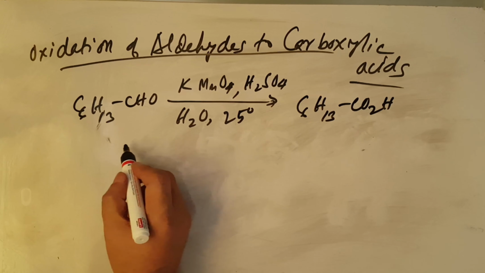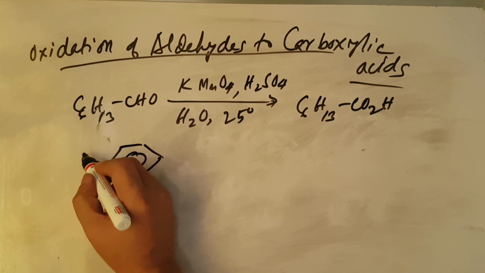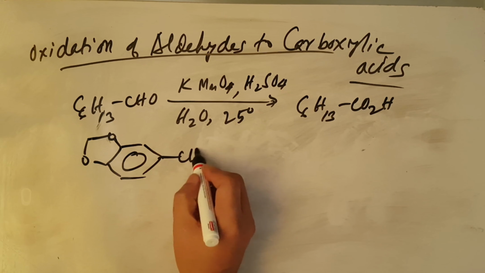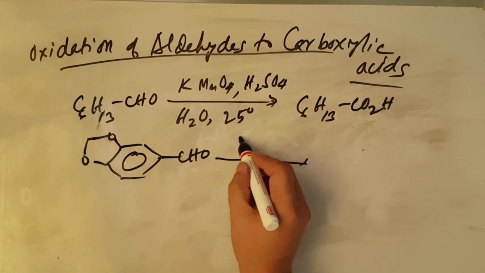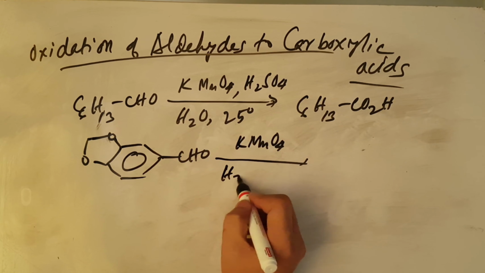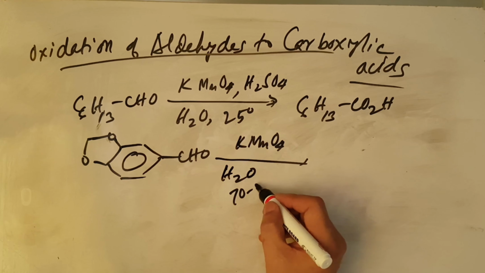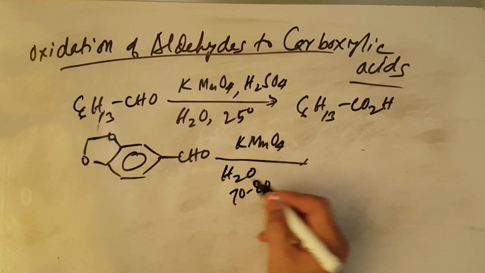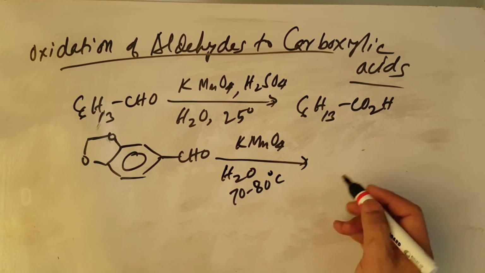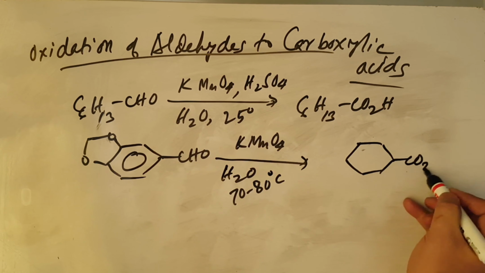Another example: we can have an O here, this is the protected one, and it is an aldehyde. Then with the same reagent, KMnO4 in water medium, under neutral conditions around 70 degrees Celsius, in boiling water conditions, the aldehyde is oxidized to the carboxylic acid, CO2H.